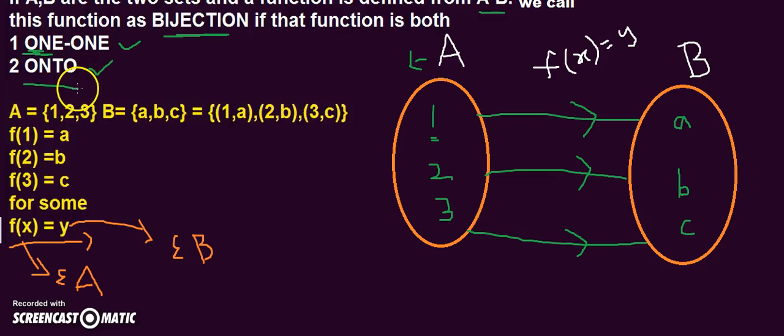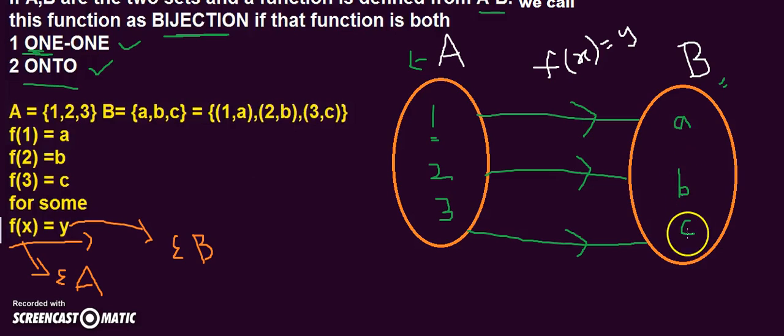Now coming to the second point, what is an onto function? In our previous sessions we have discussed with examples, an onto function is a function from A to B if every element from the set B, or every element from the range set, should have an input from the domain set.